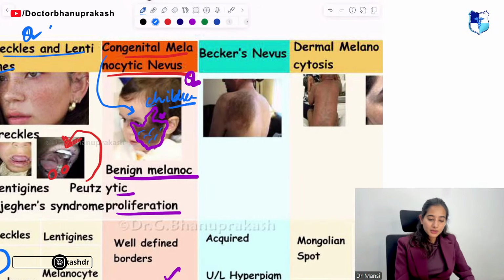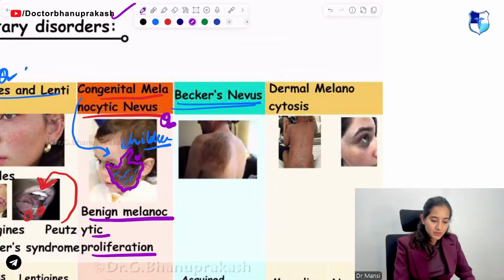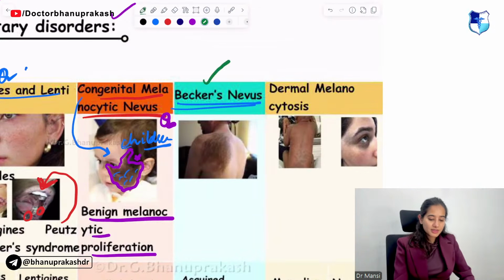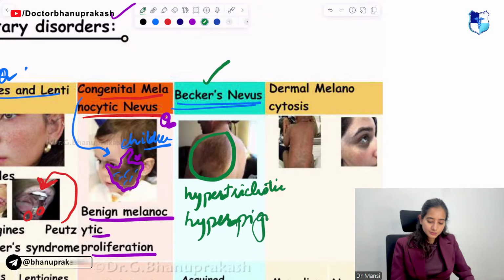On the other hand, Becker's nevus. You can confuse congenital melanocytic nevus with Becker's nevus. These are the two conditions which you can get confused. In this, it is also hypertrichotic, and also hyperpigmented, as you can see.